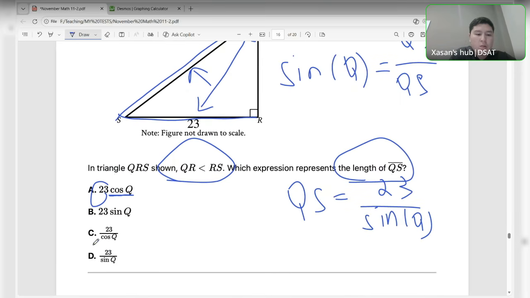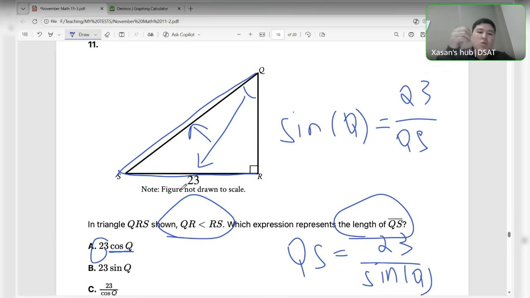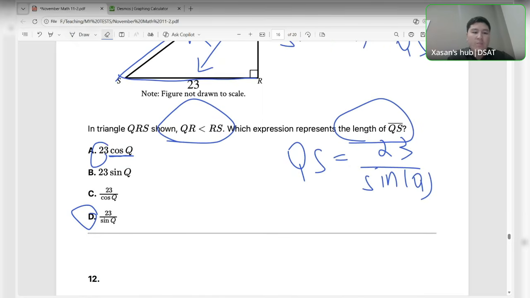The answer is there. Guys, look at what you have. Based on the angle, we've got the opposite side and the hypotenuse. The opposite side and the hypotenuse give you the sine. Therefore, guys, we're using the sine here, not the cosine.